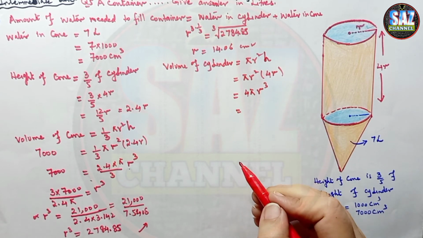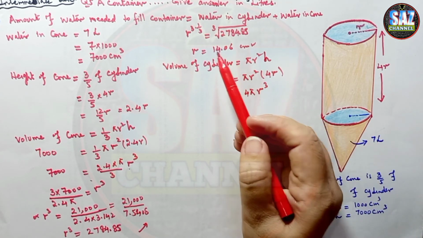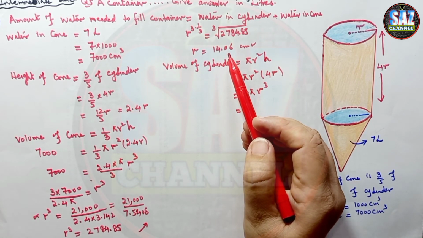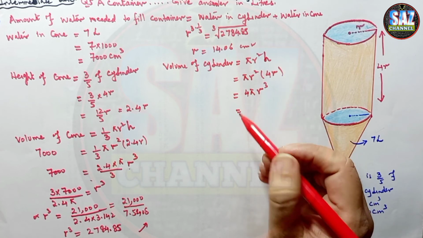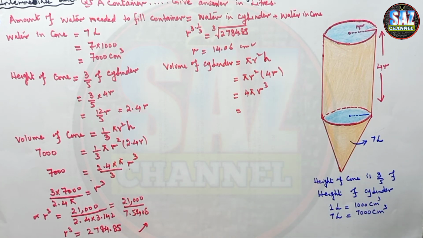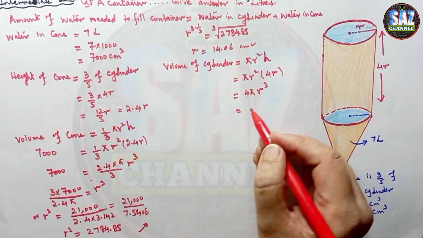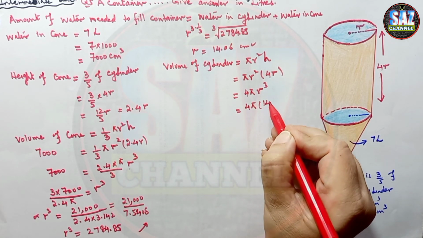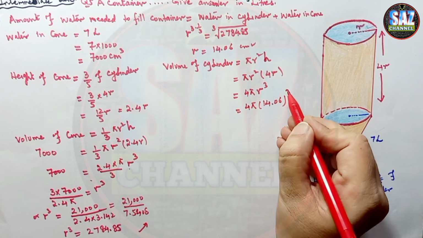Now it's up to you, either you can use the answer of the radius, that is 14.06, or you can take the value 2784.85. It's up to you. 4 multiplied by pi and 14.06 whole cube.